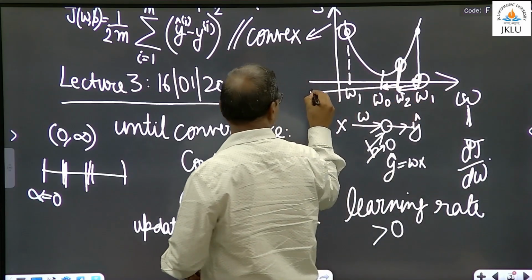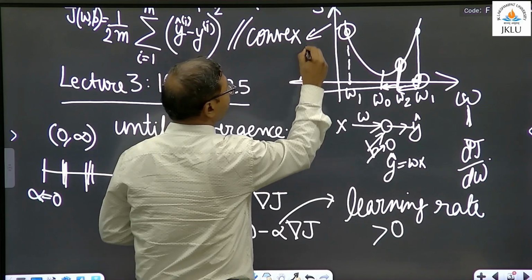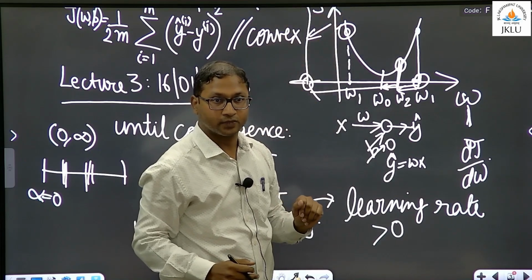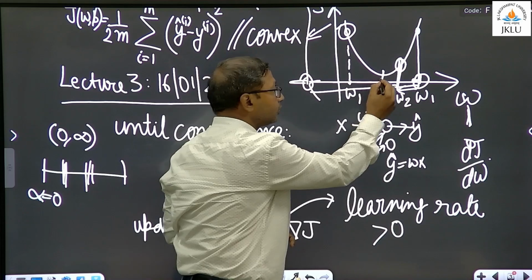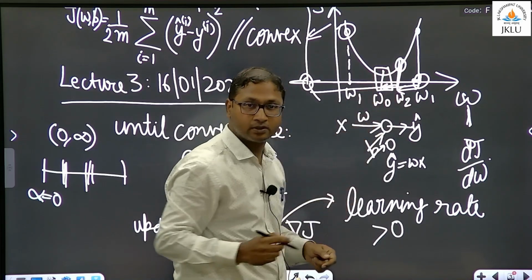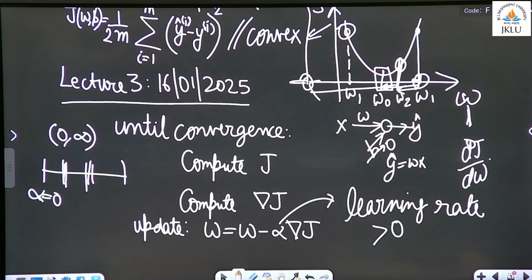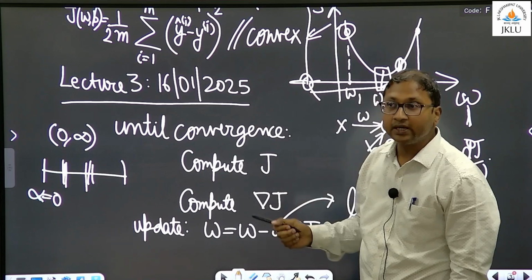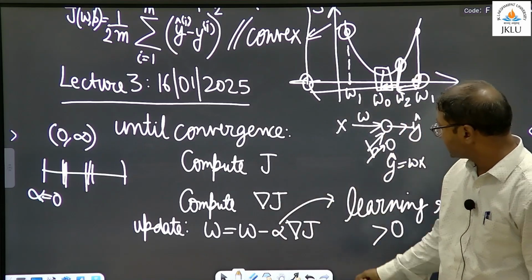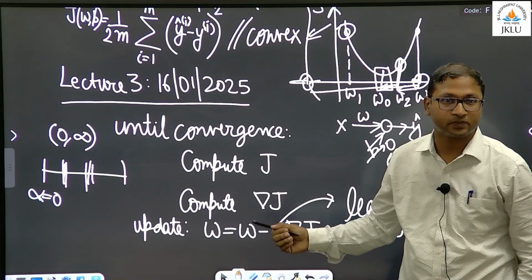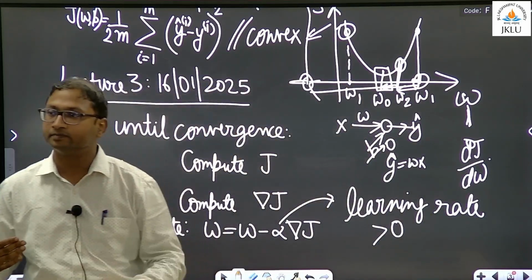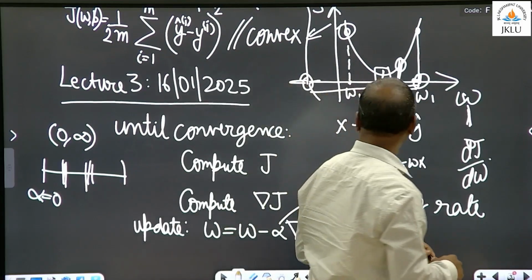On this line you will come somewhere here, and this goes and intersects J at a very high point. So this overshoots whenever you just pass this point. The value of alpha has to be chosen very wisely, but usually there are fixed values for it. In general, algorithms like Adam keep a variable alpha. As you approach convergence, it starts decreasing alpha.